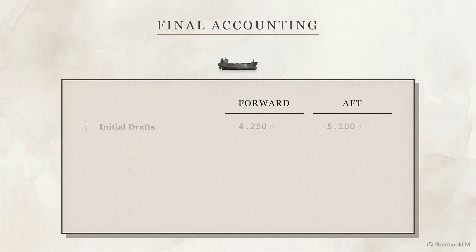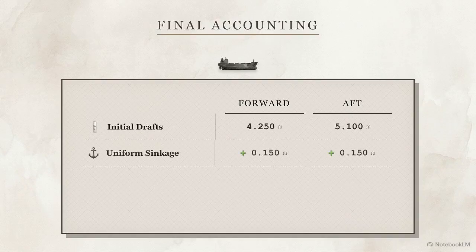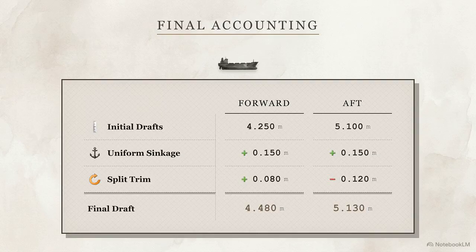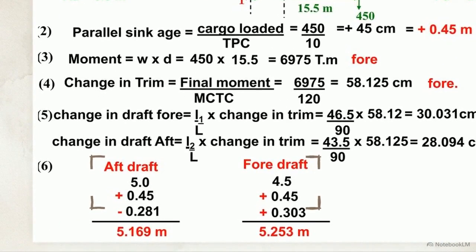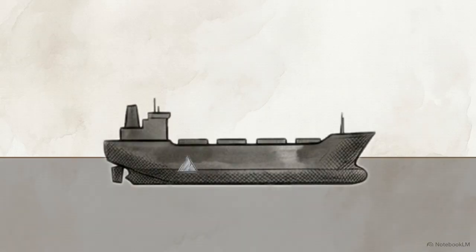We stack our 3 components, the initial drafts, the uniform sinkage, and the split trim, into a single table. Looking at this final table, we build our foundation. We list the starting forward and aft drafts, and then add that 0.45 meter parallel sinkage uniformly to both columns. Before we add the split trim, we must assign our positive and negative signs.